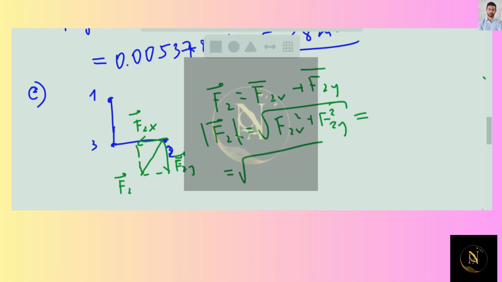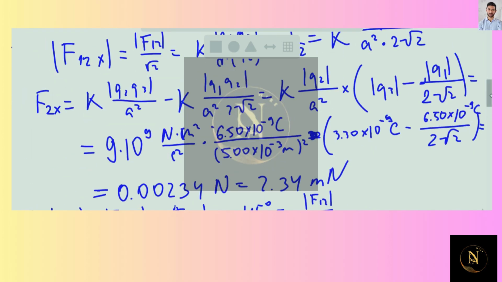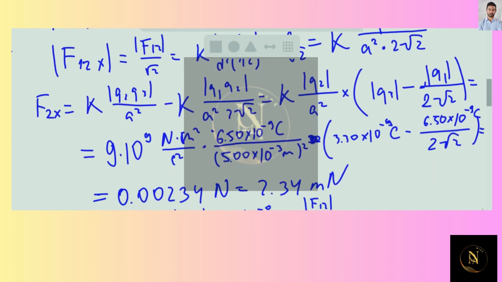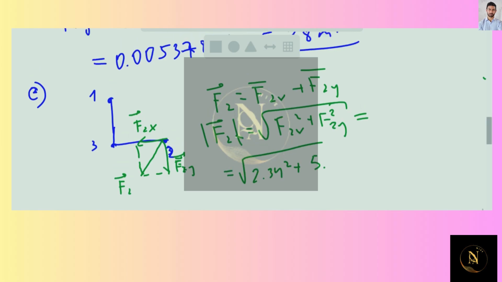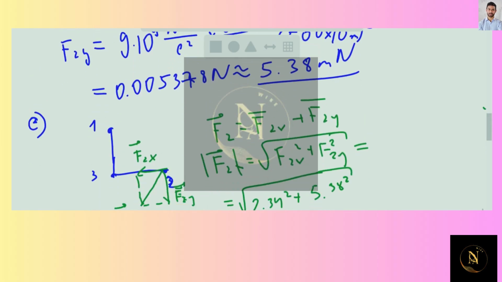Numerically it equals the square root of 2.34 squared plus 5.38 squared millinewtons, which is, okay, let me use a calculator. So it equals 5.87.